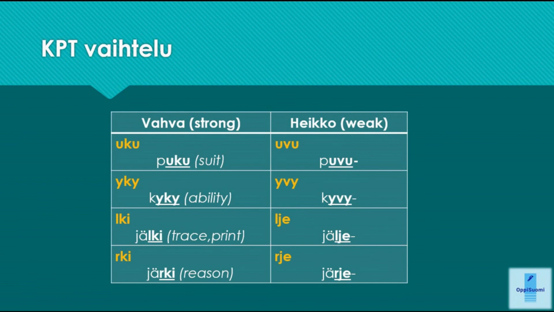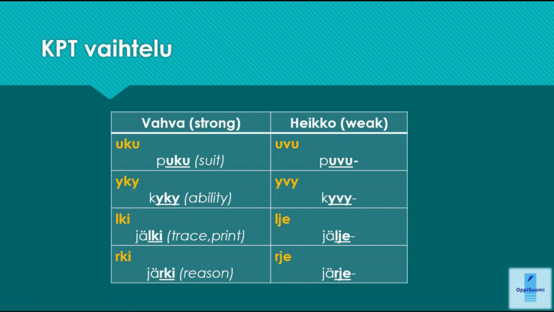Kyky, that means ability, changes into kyvyn. So next one is lke, alke changes into alje. Lke changes into lje. So next one is rke. Arki changes into arjen. So k is replaced with j.